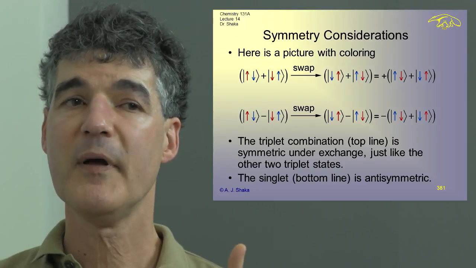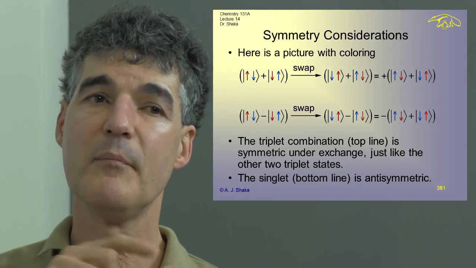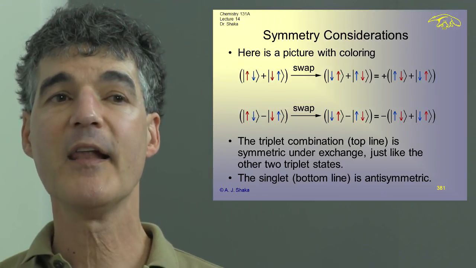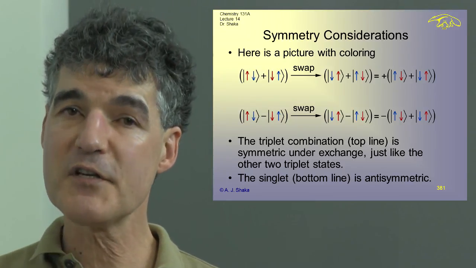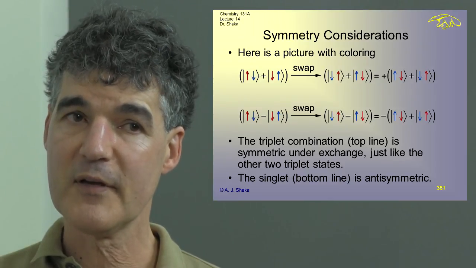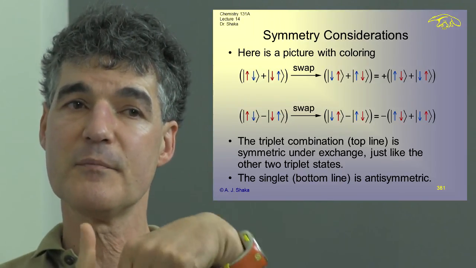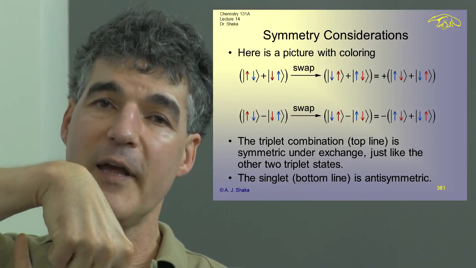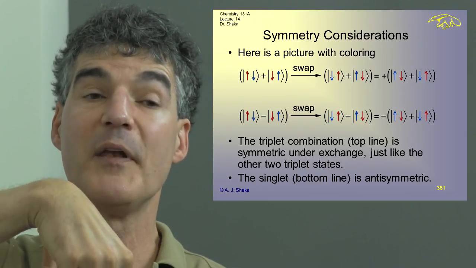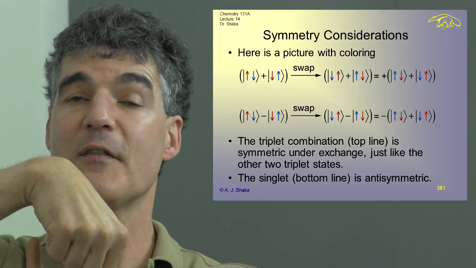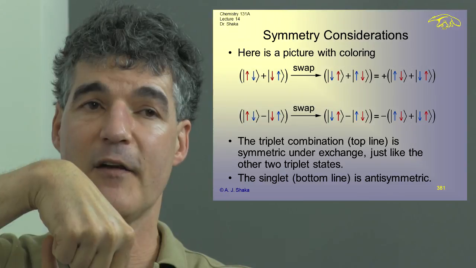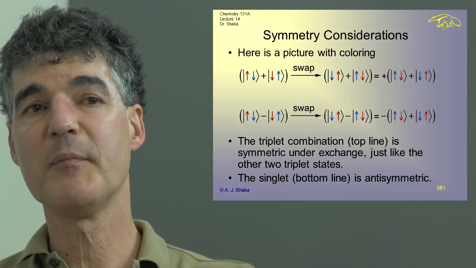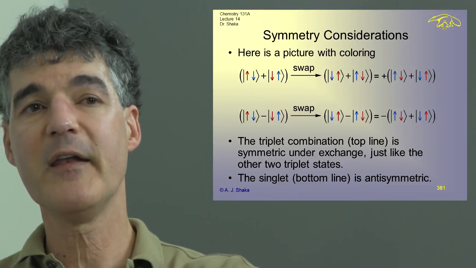Let's take up in red, down in blue, plus down in red, up in blue. And then let's swap the positions of the 2 arrows. In the first one, where we're up in red and down in blue, if we swap them, we get down in blue, up in red. Now, in actual fact, the red and blue don't matter, but it lets us keep track of it. So we get down, up. And the other one, which was down in red, up in blue, we get up in blue, down in red.